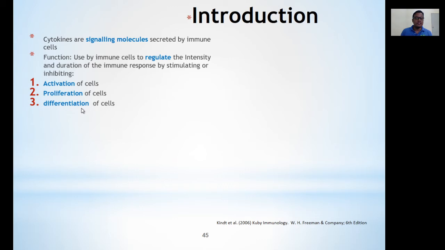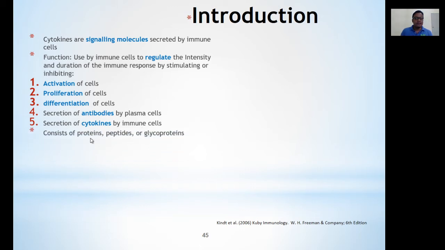For example, T cells differentiate into types: T helper, T regulatory, T cytotoxic, and the memory cells. That's the meaning of differentiation. Fourth, secretion of antibodies by plasma cells, and also secretion of cytokines by immune cells.